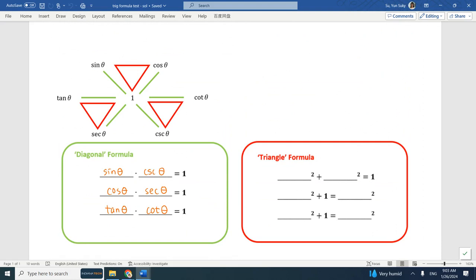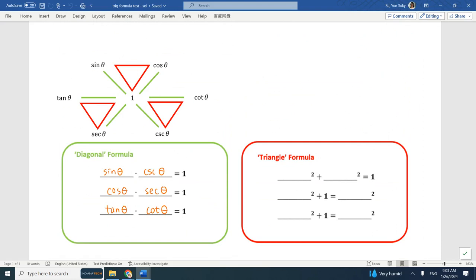Okay, so have this picture in your mind. When I ask you, what is secant theta? 1 over cosine. What is sine theta? 1 over cosecant. Cotangent theta? 1 over tangent.